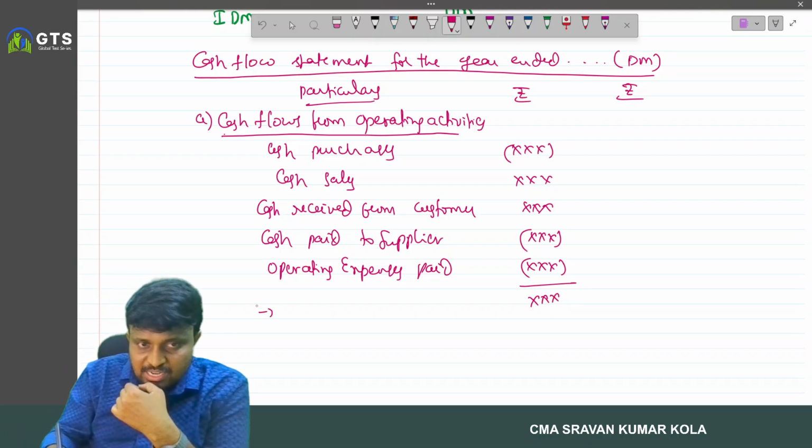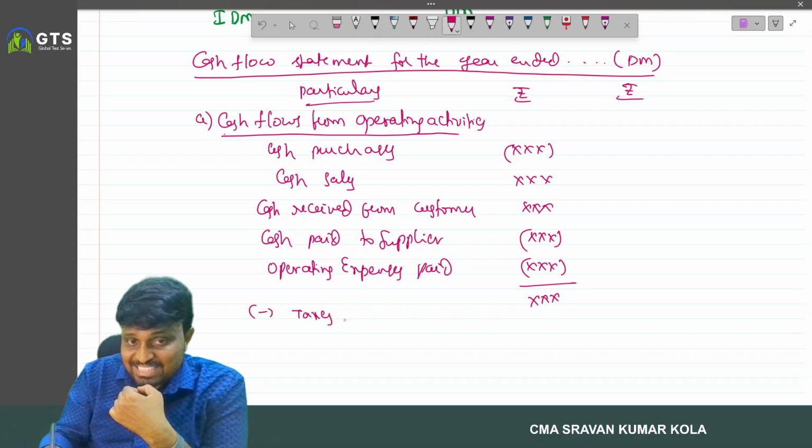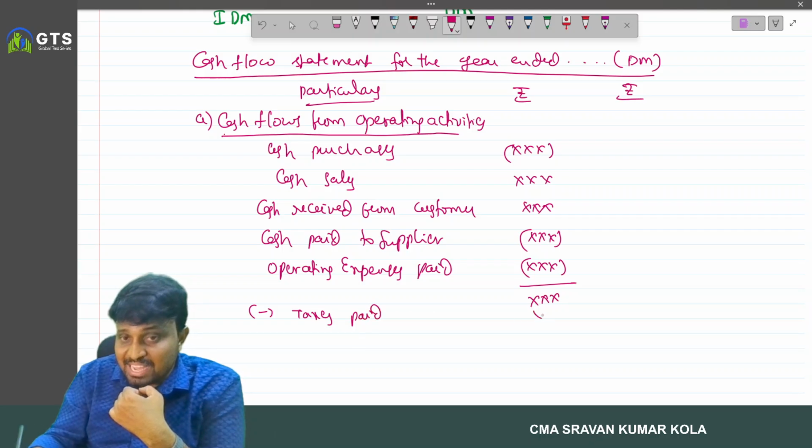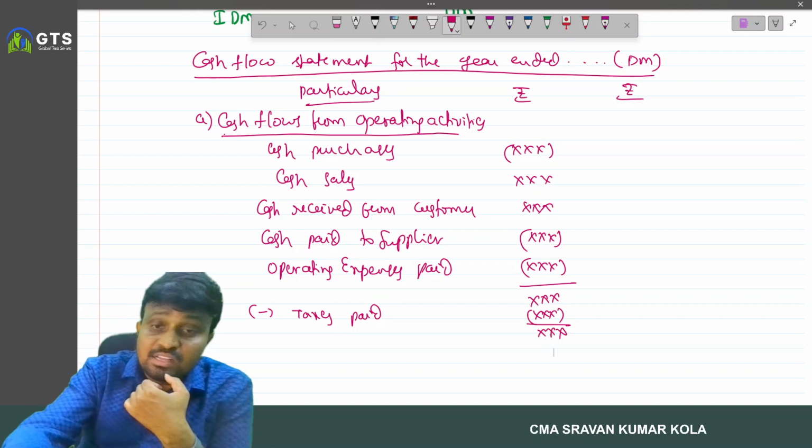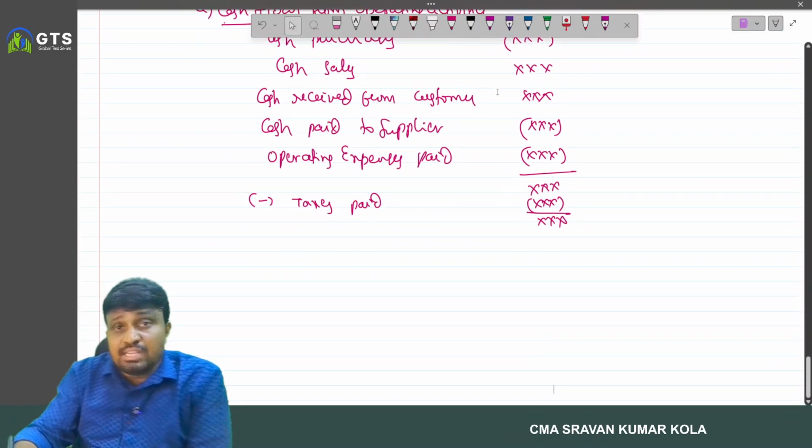We have to consider these, and we have to reduce taxes paid, if any, income tax paid.